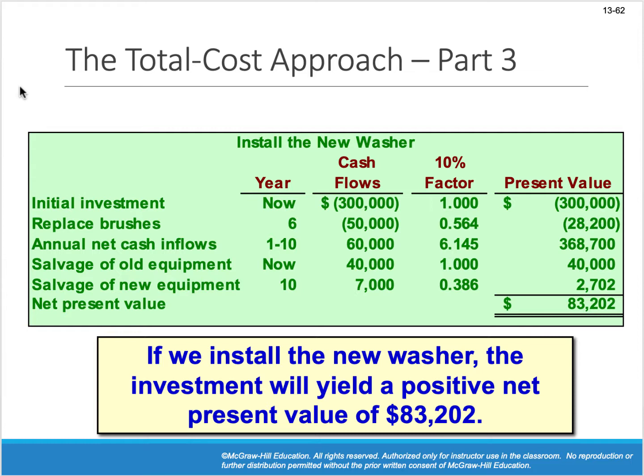So what we're saying here is that this investment is going to not only give us a positive NPV, but it's also going to provide us with more of a return than that discount rate that we're using. So the rate of return on this project, installing the new car wash, is higher than 10%.